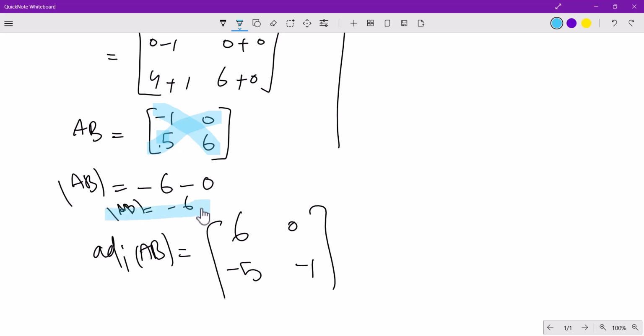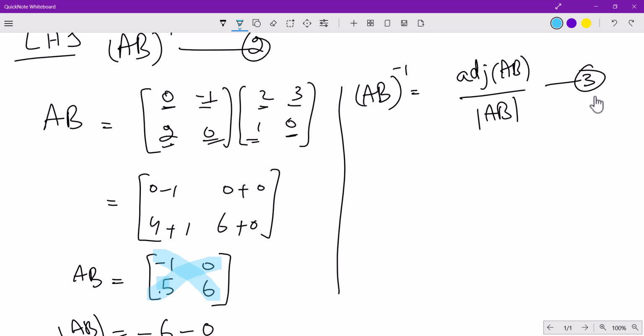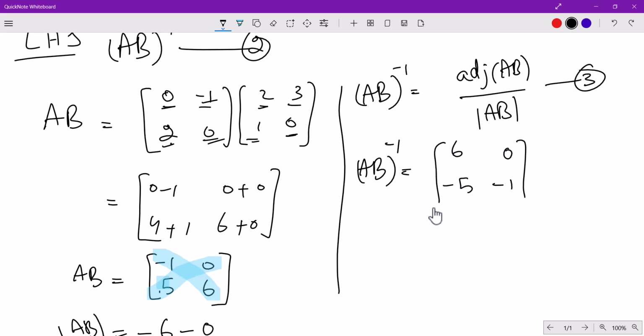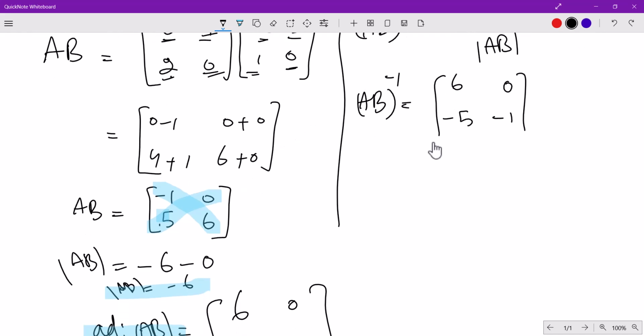Putting the adjoint of AB and determinant of AB in equation number 3: (AB) inverse is equal to the adjoint of AB, which is [6, -1; -5, 0], divided by the determinant of AB, which is minus 6.